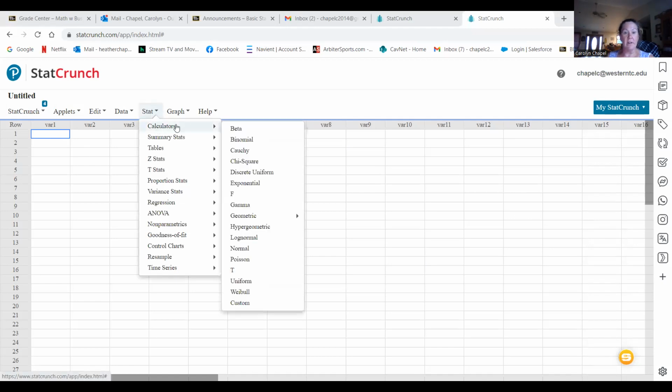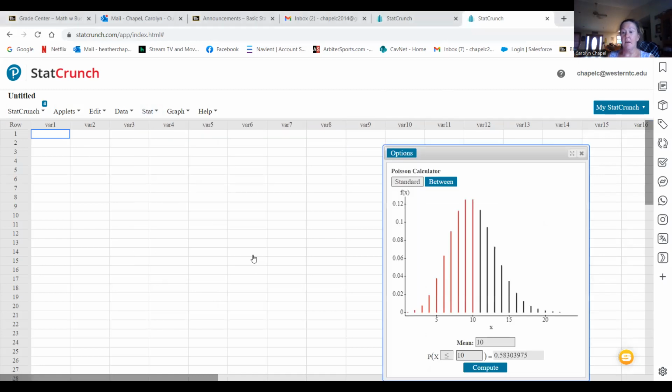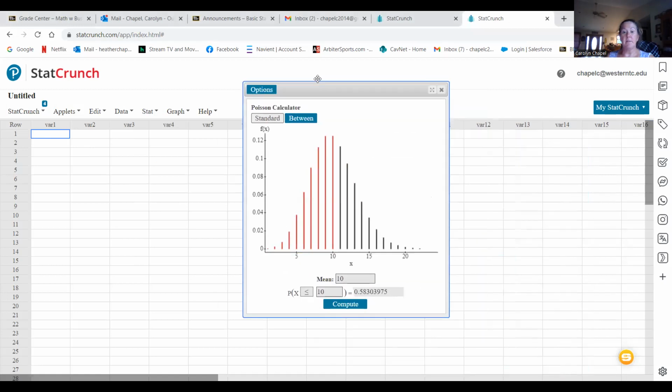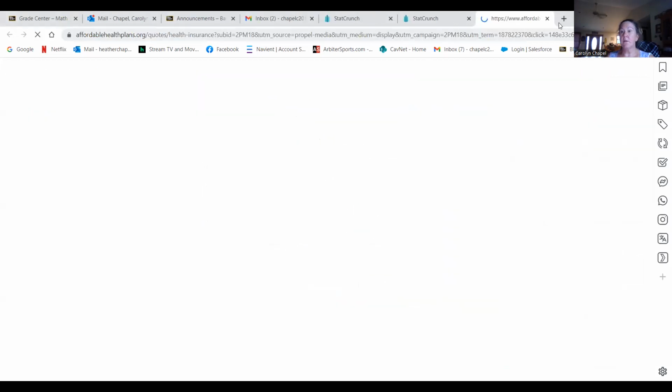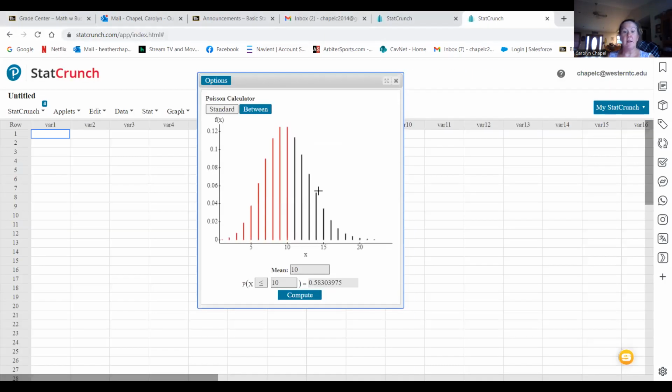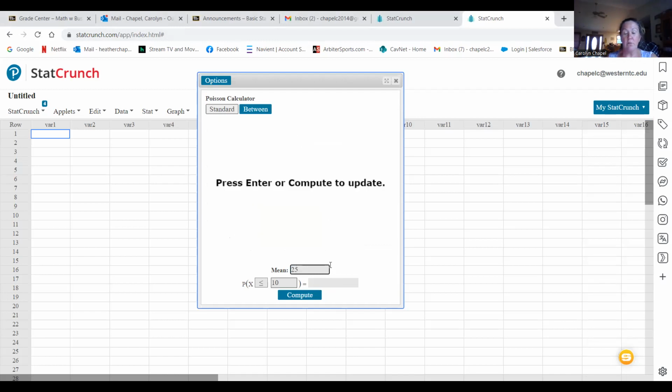So Stat, Calculators, and you can go right down to this Poisson. Okay, so I'm going to bring this up into the center a little bit better. All right, so the mean, now that was that mu that we found. So that was our 25, because we were finding 25 weeds in my 10 square foot garden.